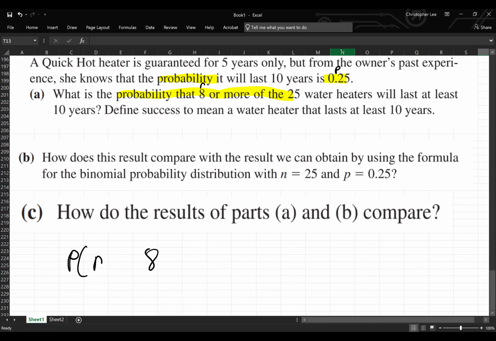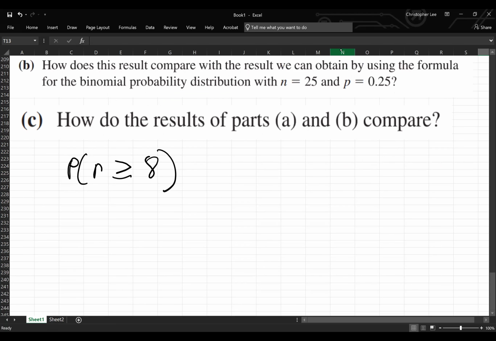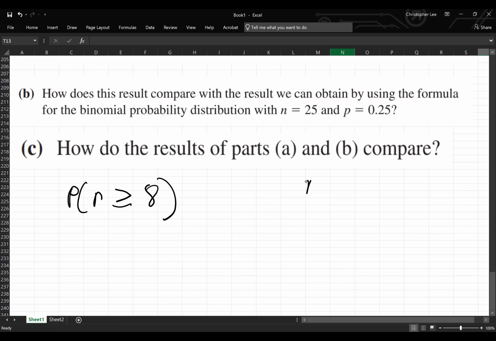What does 8 or more mean? Greater than, right? So greater than or equal to 8. But now this is a little bit different. Hold on. N is 25, P is 0.25.